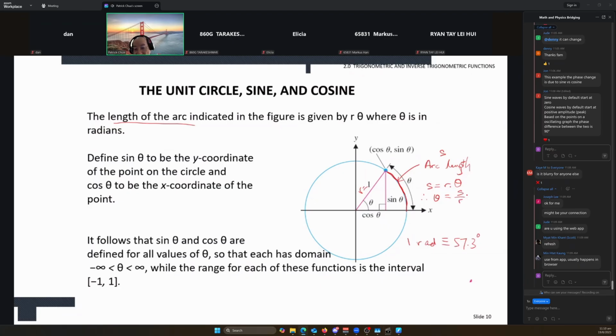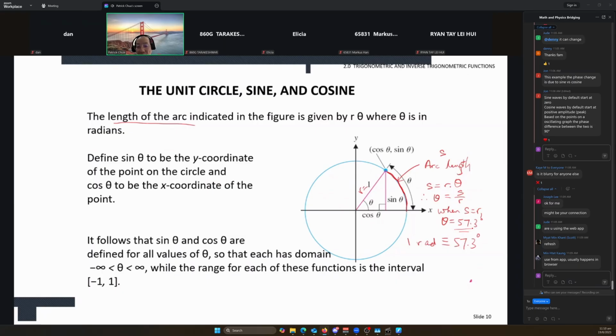So when arc length is equal to radius, then you measure theta will be equal to 57.3 degrees. Okay, so that's the definition for the radian.